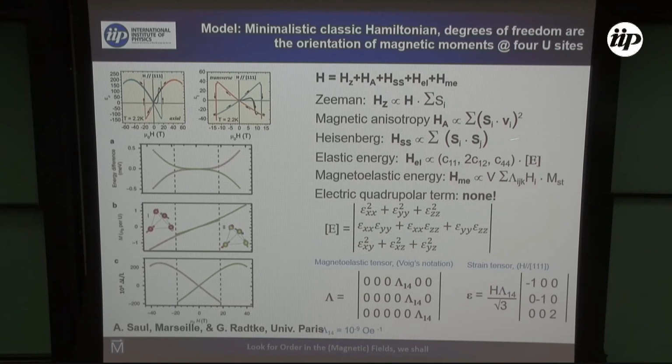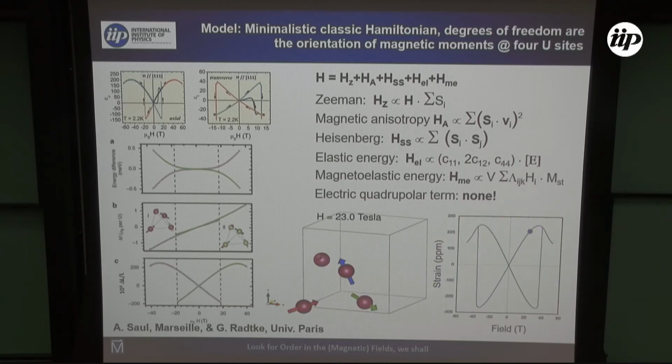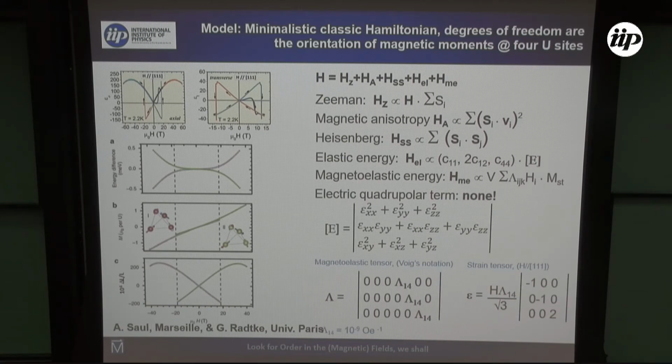We calculate this model, we use this magnetoelastic tensor in this notation, the box notation, and then when we do that, we obtain, let me not distract you too much with the animation here, these figures here. The most important here is that you have the energy difference between two different versions of order. This is this order in the unit cell versus this order.